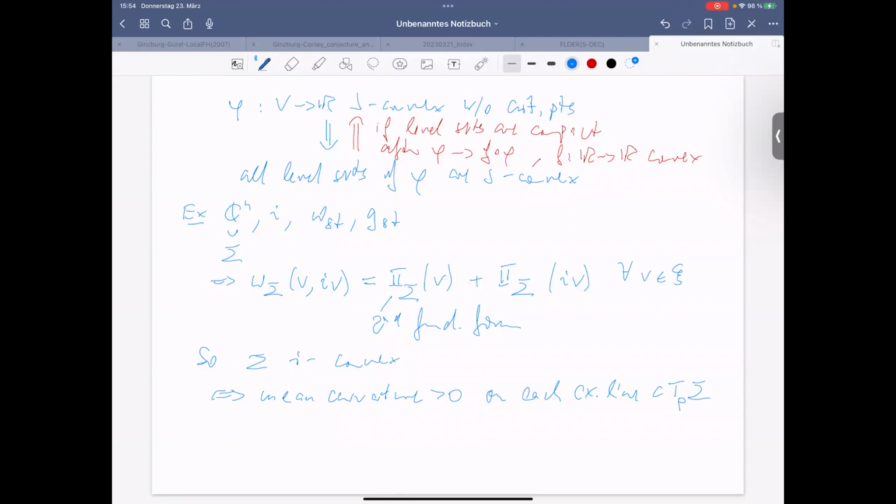Kai, can I interrupt for a moment? Yes. Can you remind us which normal vector field you're using? Yes. Okay, so here we can normalize it as follows. We take nu perpendicular to sigma, so really just the orthogonal vector field, and we normalize it to length 1. We have a metric. And now I need to say what is the one form alpha which defines this distribution xi.